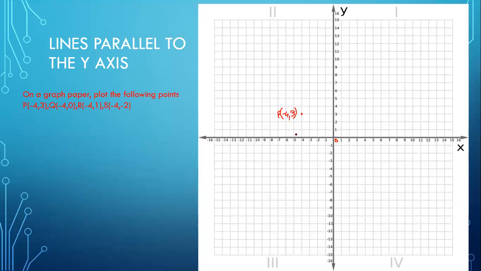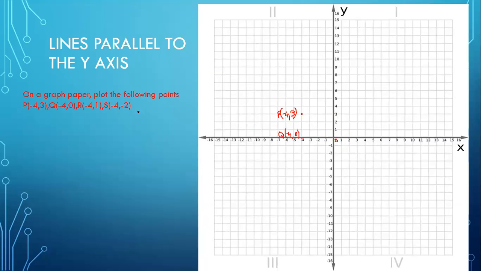The next point is Q, minus 4, comma 0. So the point is on the x-axis. I can see minus 4 here. So I will write point Q and write the coordinates also, minus 4, comma 0.